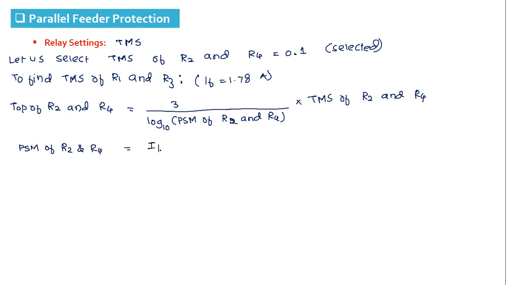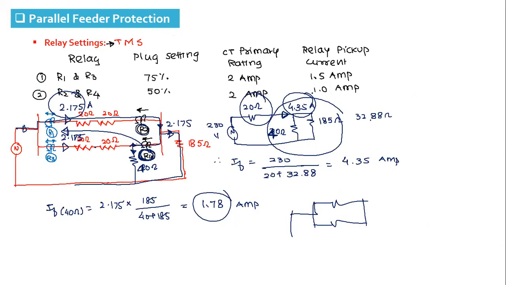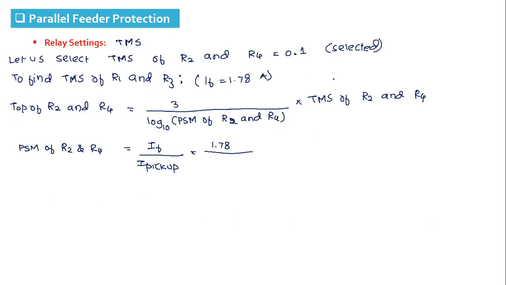It is IF by I pickup. What is the fault current? Maximum fault current is 1.78 divided by what is I pickup? You can see pickup of R2 and R4 is 1 ampere. So 1.78 is the PSM.